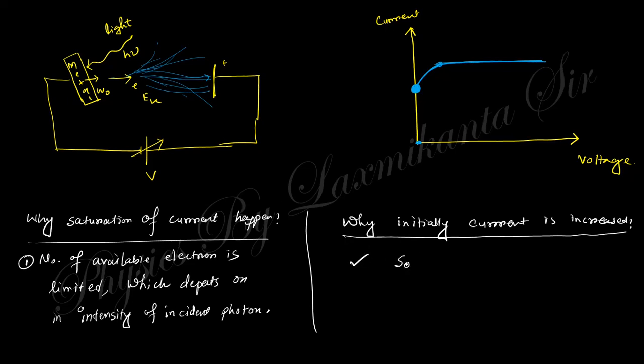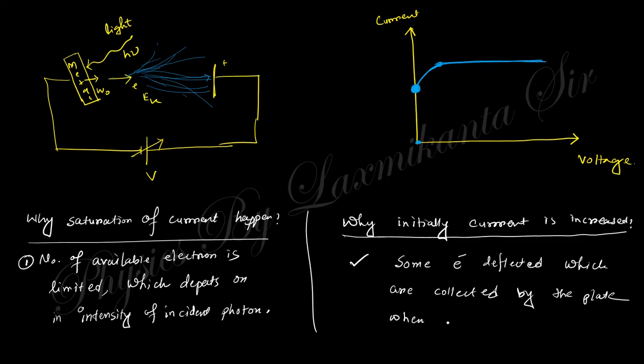Because some deflected electrons are collected by the plate when the applied voltage is increased. Clear? When the applied voltage increases, the deflected electrons are collected by this plate, so that's why this increment happens, and after that there is saturation.